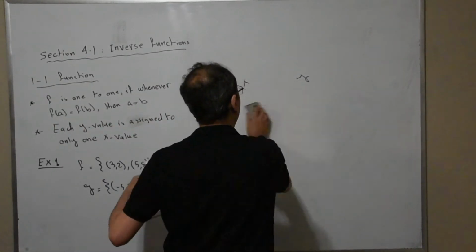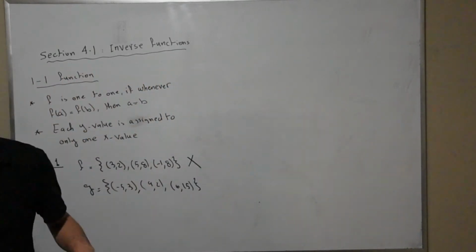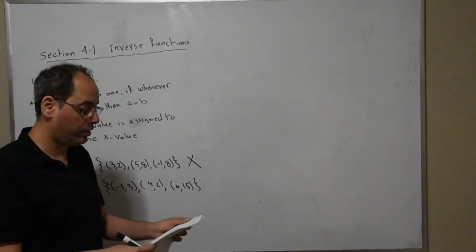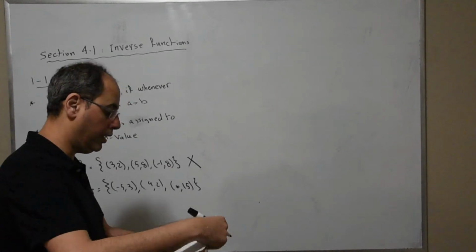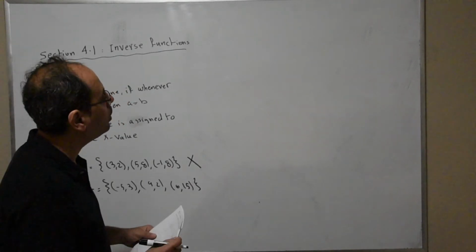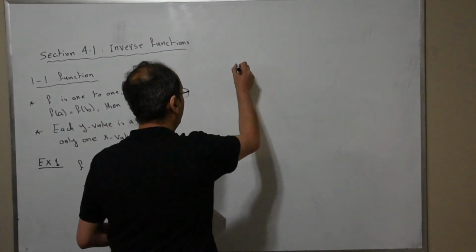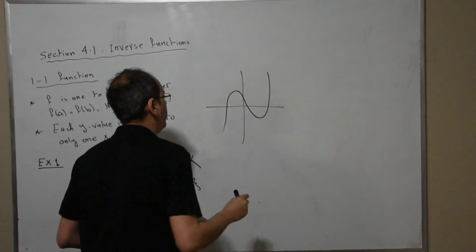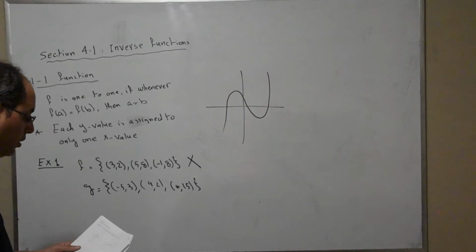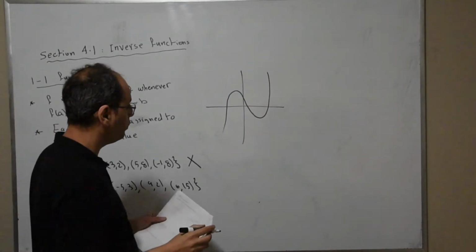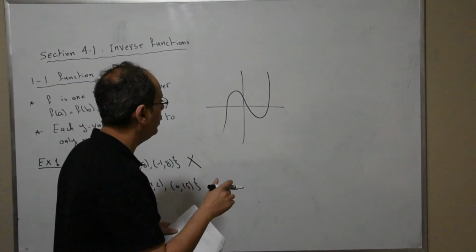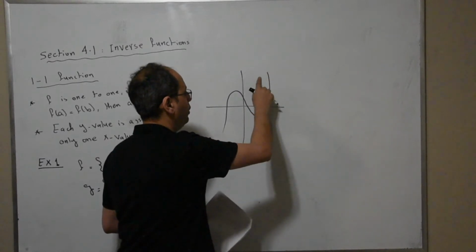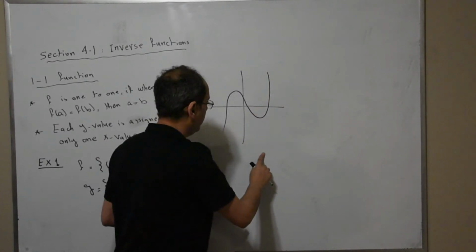Okay, so we talked before about the horizontal line test. We're going to test some shapes and see whether these functions are one-to-one or not. So let's graph this one. Is this a function? Yes. If you get a vertical line, it shows that it's a function.